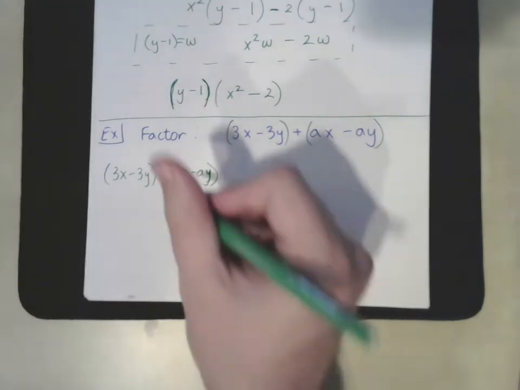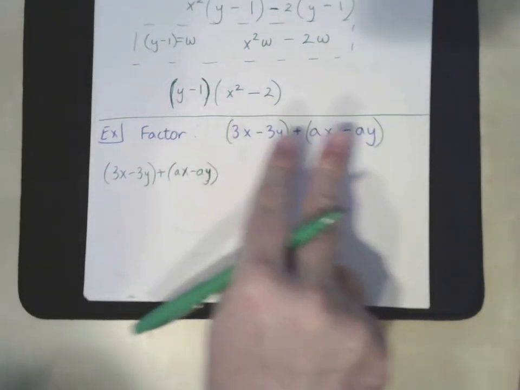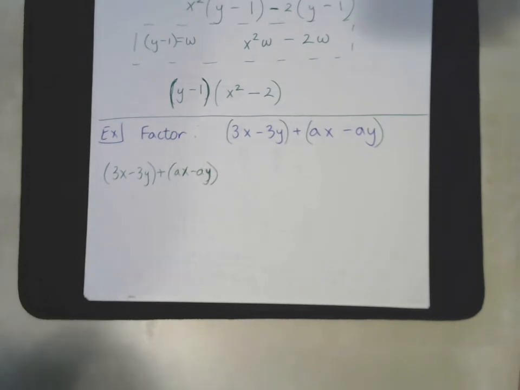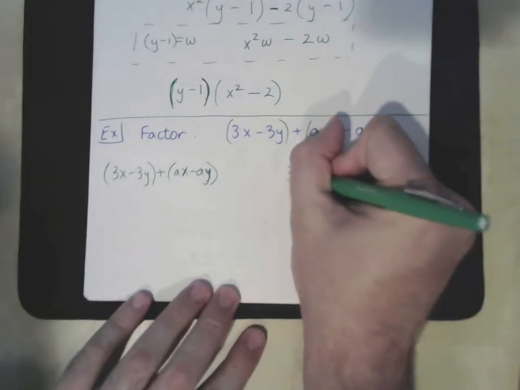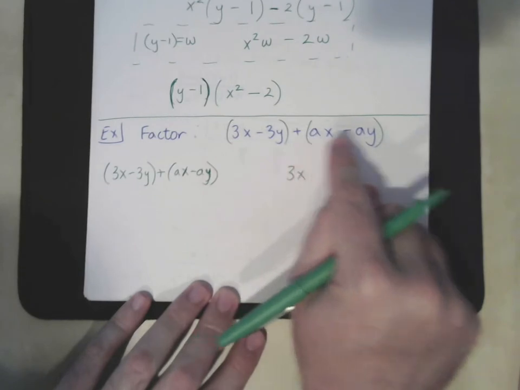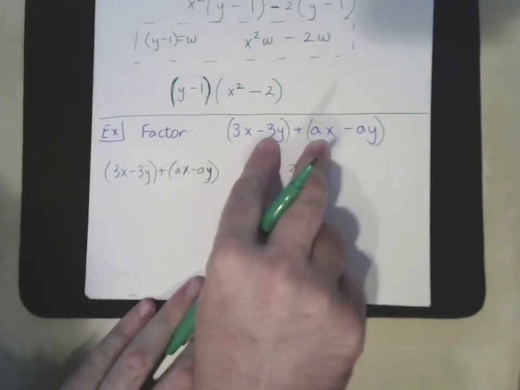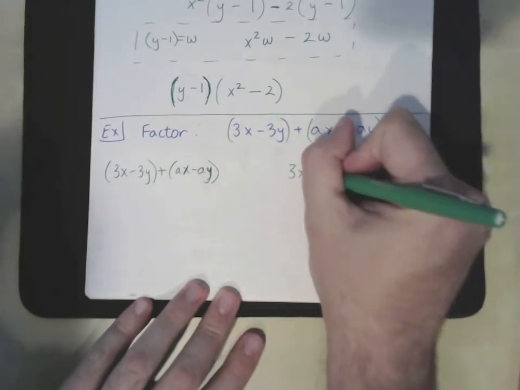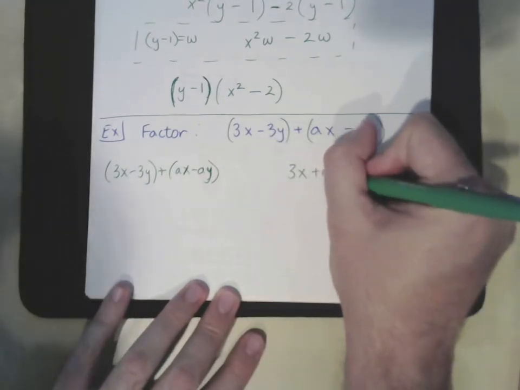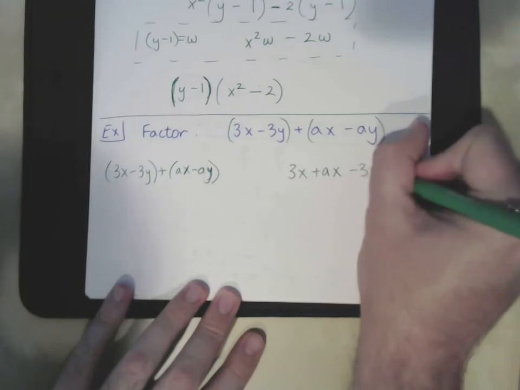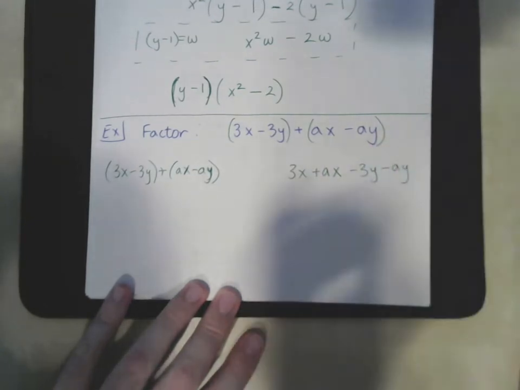Sometimes we don't necessarily want to group up the terms that are right next to each other immediately. So I can move terms. So ignoring my parentheses I wrote in here, I'm going to move and switch these two terms, the negative 3y and the ax, and just swap them out for each other. So 3x plus ax minus 3y minus ay.